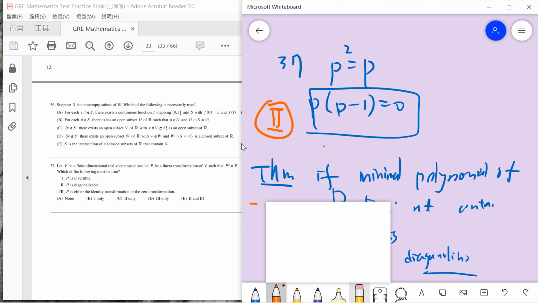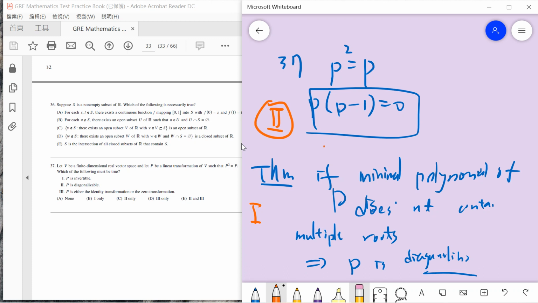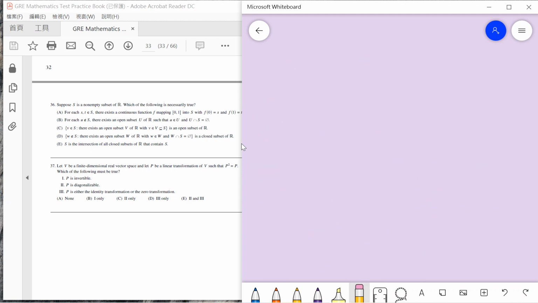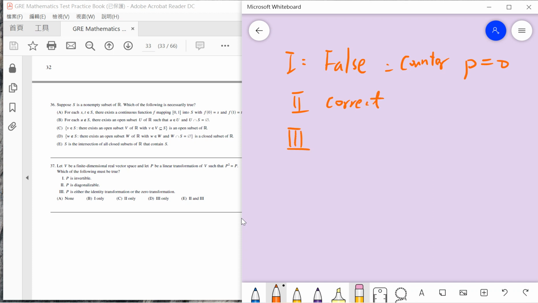How about 1? 1 is definitely not correct, because if I choose P equal to the 0 matrix, then 0 squared is also equal to 0. So 1 is false. The counterexample is P equals 0. 2 is correct. How about the third?